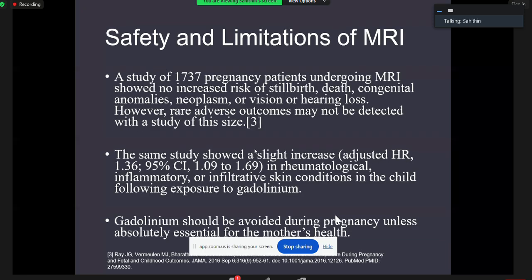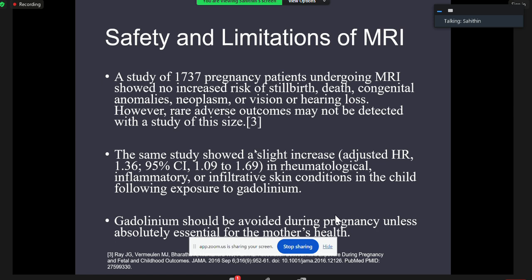Because we know that there are a few limitations on the safety. We have a few small studies which did not really show any increased risk of stillbirth or congenital malformations or hearing loss in the fetus, but rare adverse outcomes cannot be detected because of the small size of the studies. In the same study, there was a slightly increased risk of rheumatological inflammatory conditions in the children who were exposed to gadolinium.